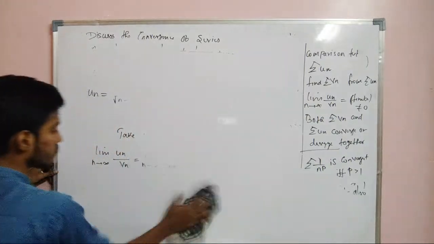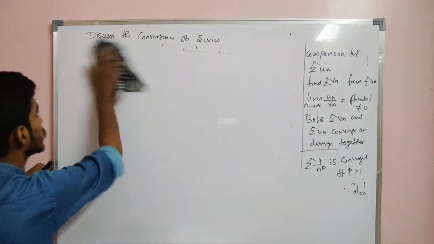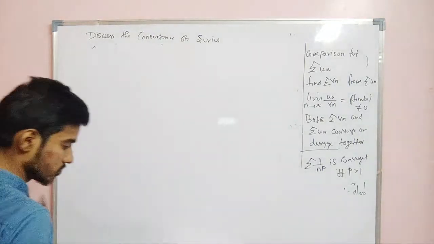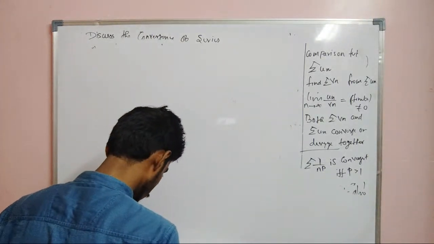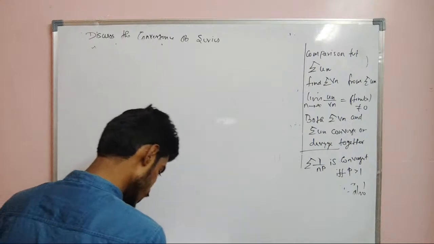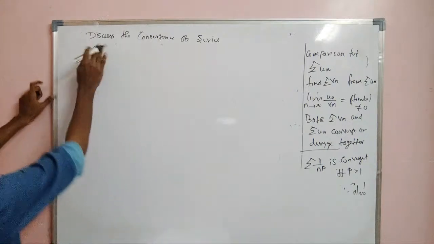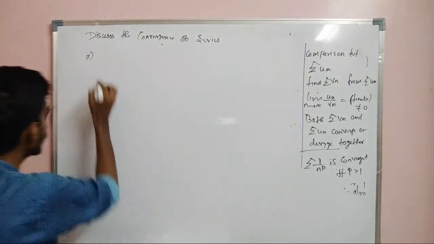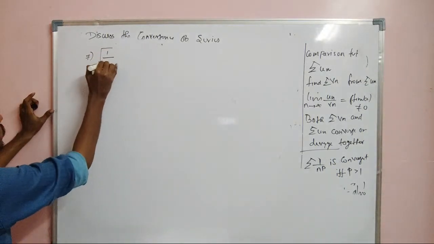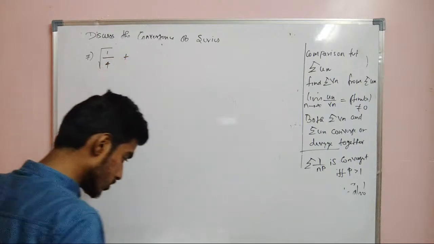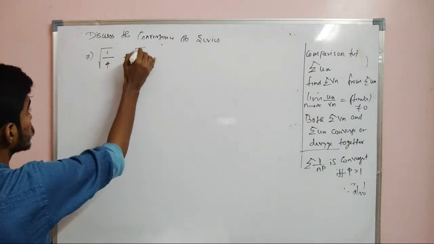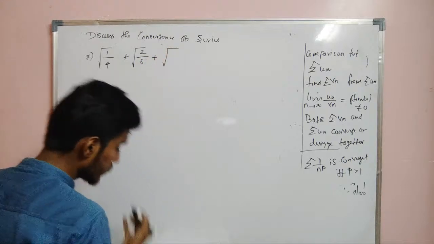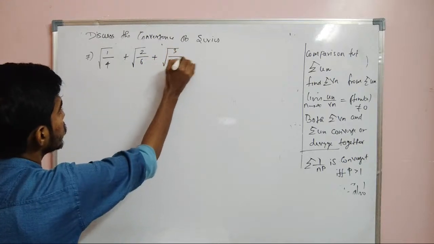Move on to the seventh problem. Root 1 by 4, plus root 2 by 6, plus root 3 by 8, and so on.